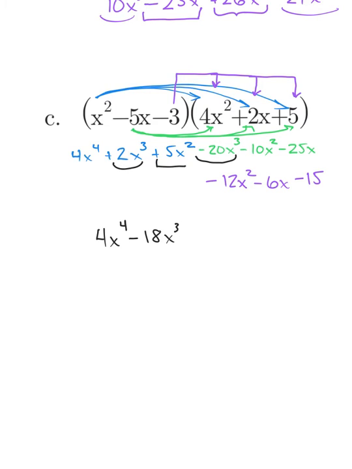My 5x squared can combine with negative 10x squared and negative 12x squared, giving us negative 17x squared.